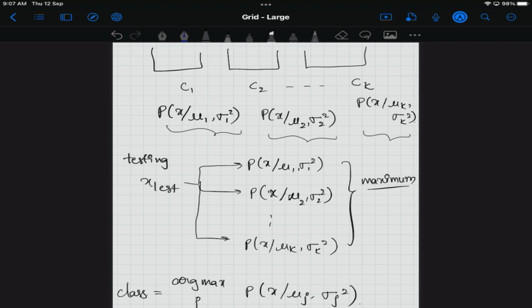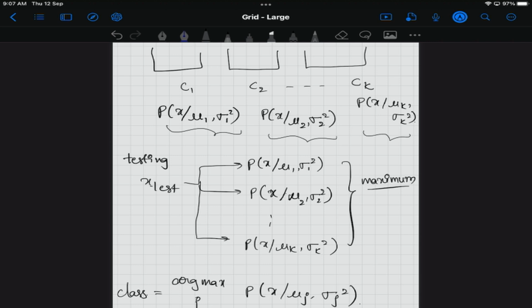Is it a linear classifier or non-linear classifier? Suppose your data is not linearly separable, it is distributed in a way that it is not linearly separable, do you think your Bayes classifier will work in that case? Yes or no? Okay, we'll see.